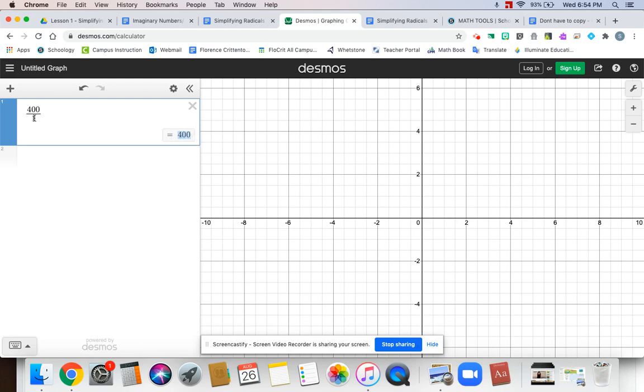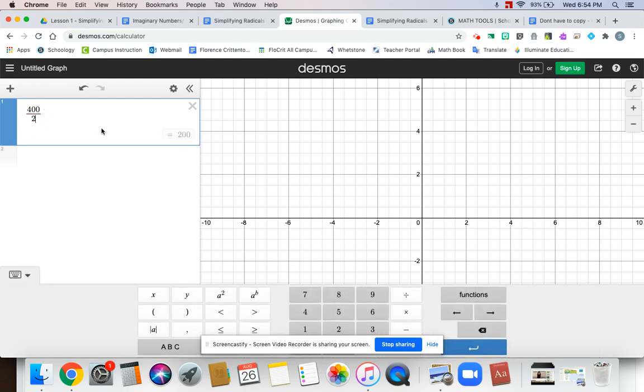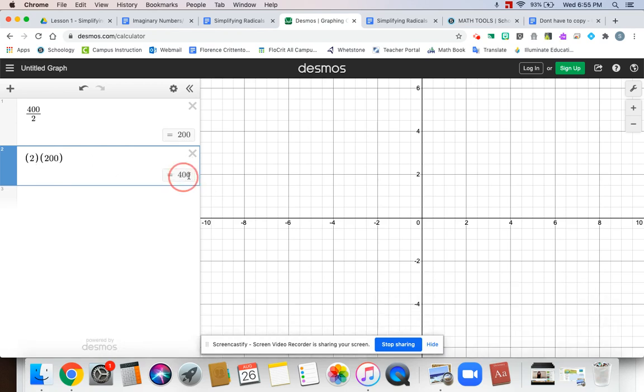So the next smallest number would be trying to divide it by 2. If I divide 400 by 2, it's 200. So what that means is that 400 splits apart into 2 200s. And so you see that 2 times 200 is 400.